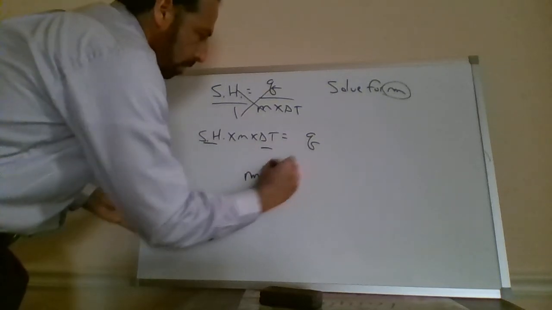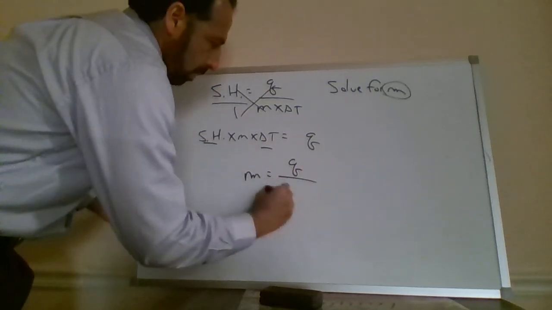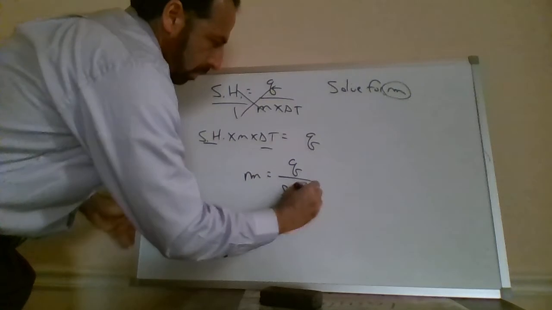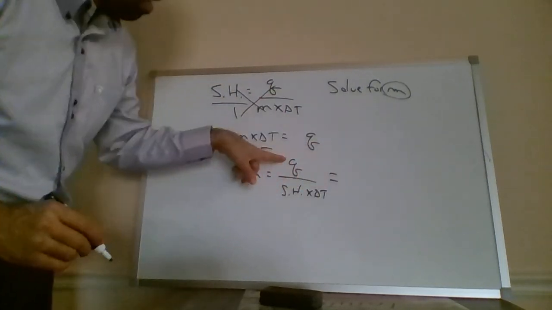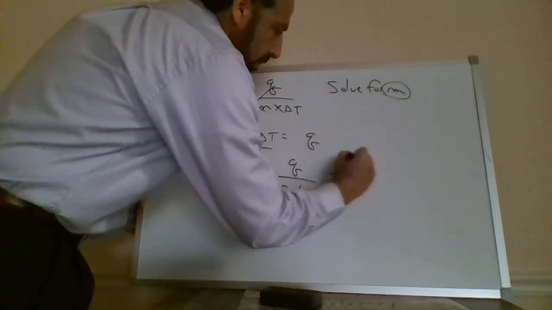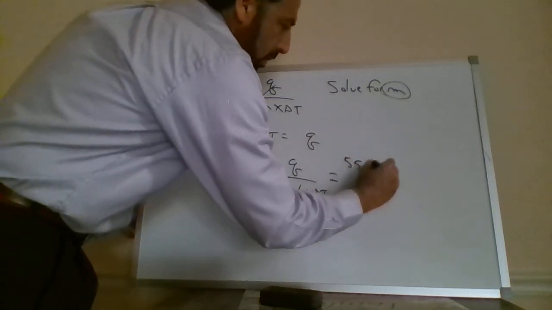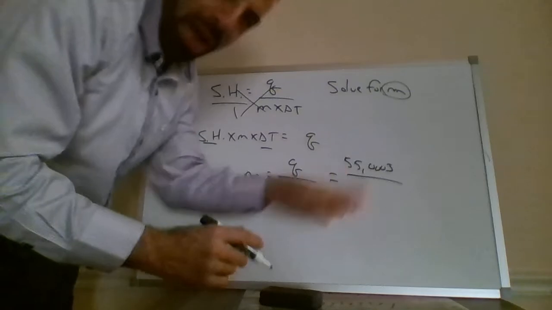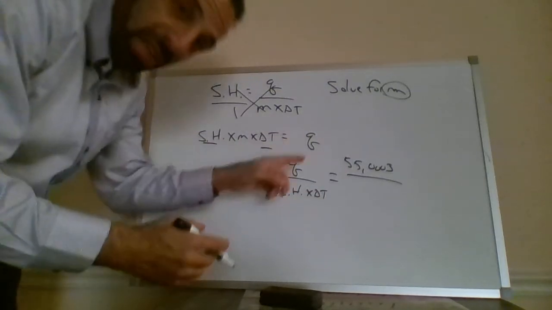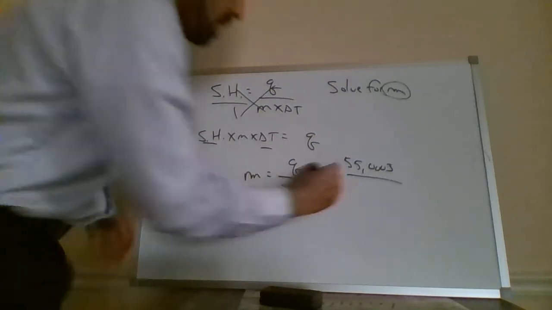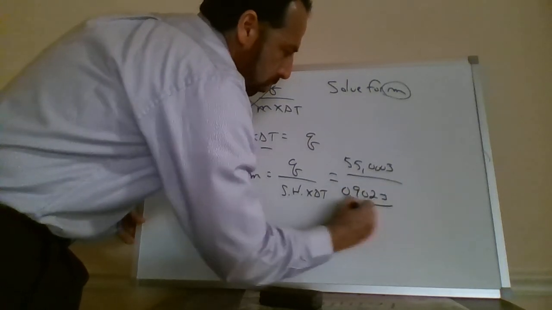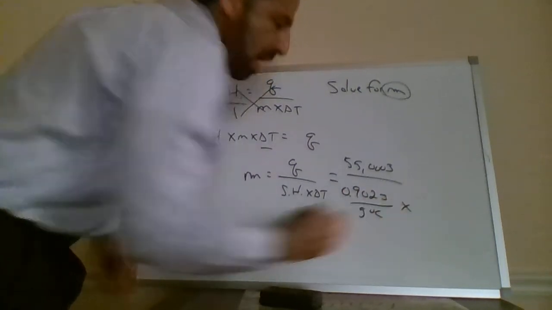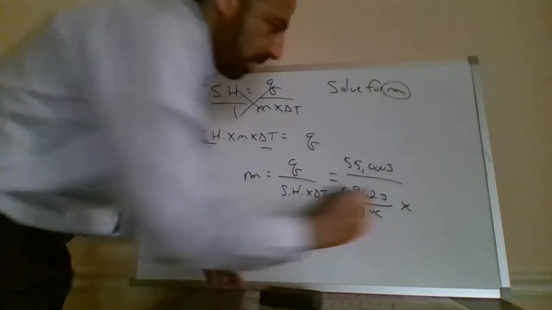So let's go ahead and just plug everything in. So our Q now is 55,000 joules. Again, I like to write down the units to make sure everything cancels out. I should be left with grams. Our specific heat, 0.902 joules per gram degrees Celsius. And our change in temperature is 71.8 degrees Celsius.